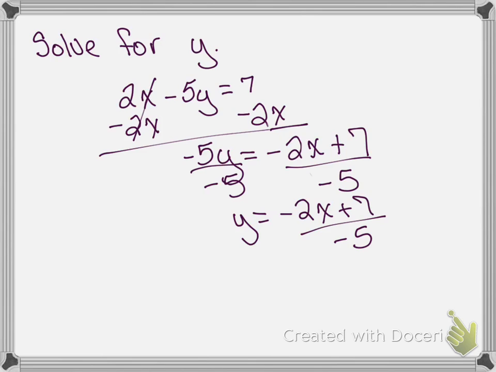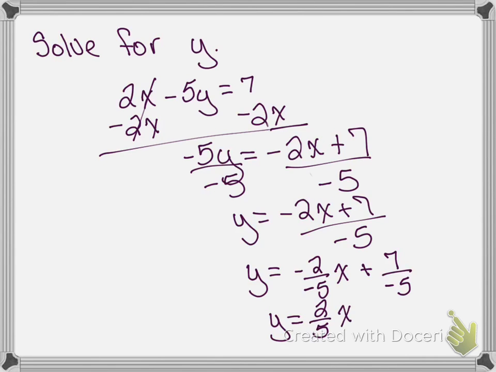So you're going to be happier if you get in the habit of writing y equals negative 2 over negative 5x plus 7 over negative 5, because that's y equals mx plus b. What happens with the negative and the negative? That's our slope, which we haven't really talked about yet. Because it's positive, we're going to have y equals 2/5 x minus 7/5.